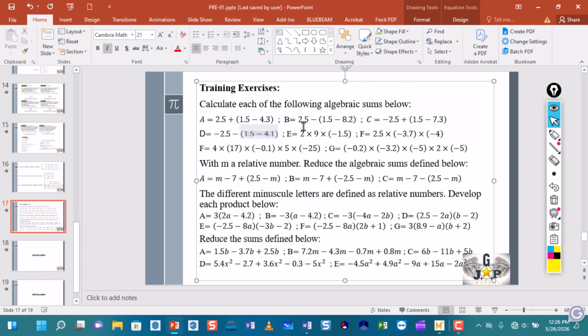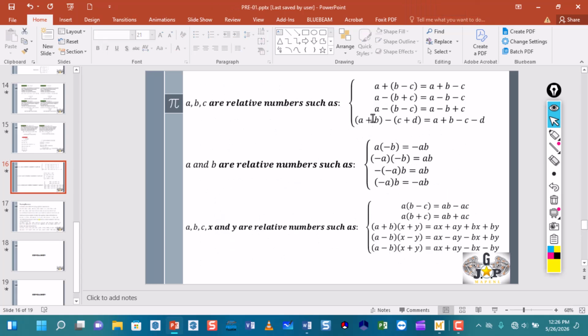In this case, for the term B, let me go back a little in retrospect. Speaking in terms of formula, we're going to have A minus into bracket B minus C. So if we go back, we have A into bracket B.